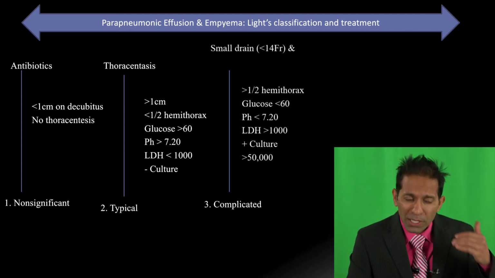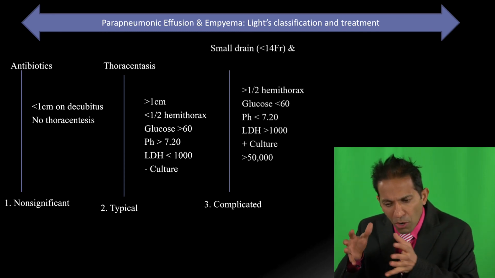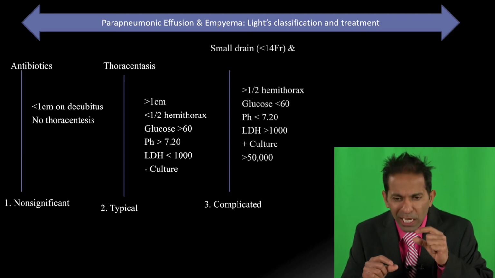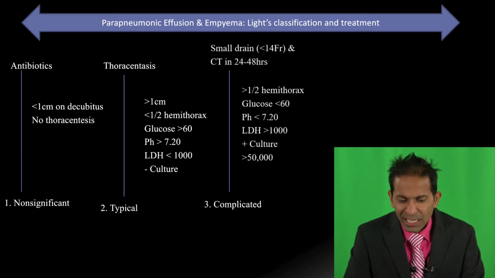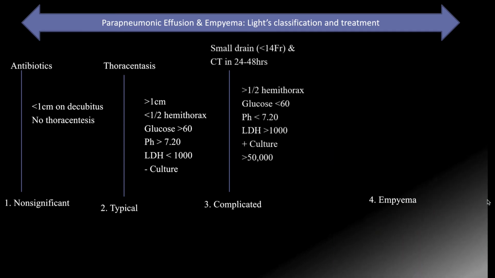Once you do a diagnostic tap and you have made the diagnosis of complicated effusion, these patients need a drain. Typically we put in a small drain and then you do a CT scan of the chest in 24 to 48 hours.